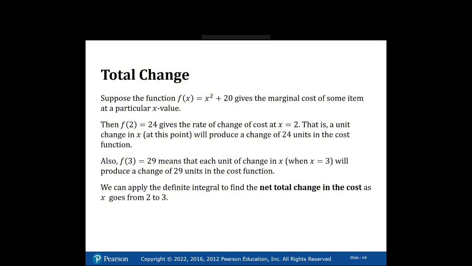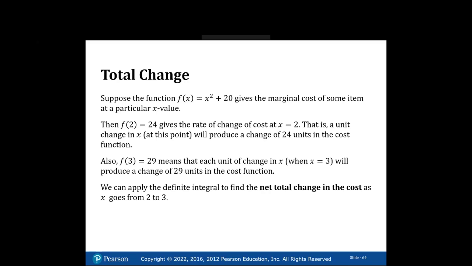Another thing that we can use definite integrals for is looking at total change. For example, if I have this function f of x equals x squared plus 20, and this is the marginal cost function, right? So what that tells us is if f of 2 is 24, that means that the rate of change of the cost at x equals 2 is equal to 24.